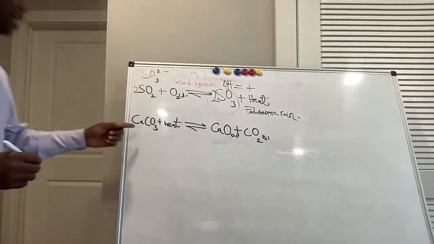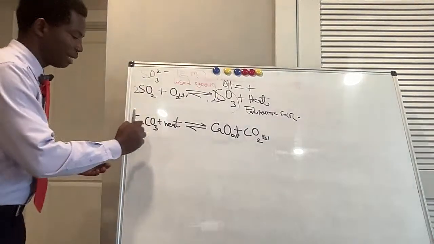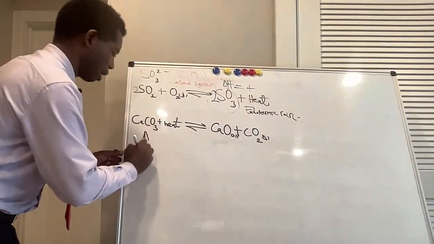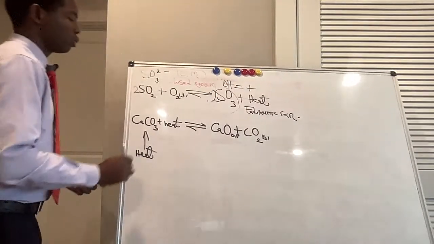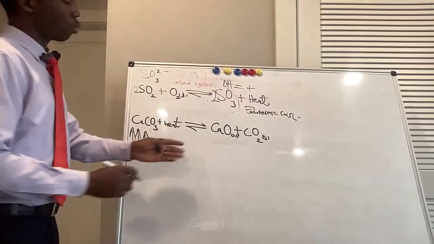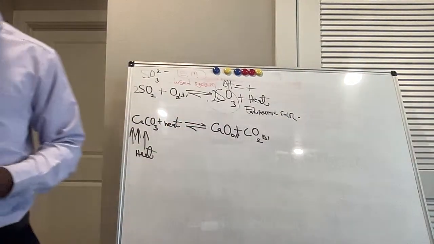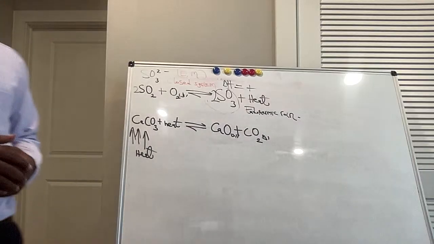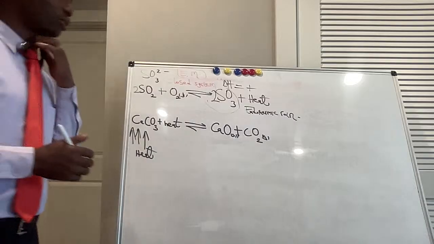So now, calcium trihydrocarbon 4, if you apply heat, it's going to decompose to produce calcium oxide and carbon 4 oxide. That's what we call thermal dissociation of calcium carbonate.